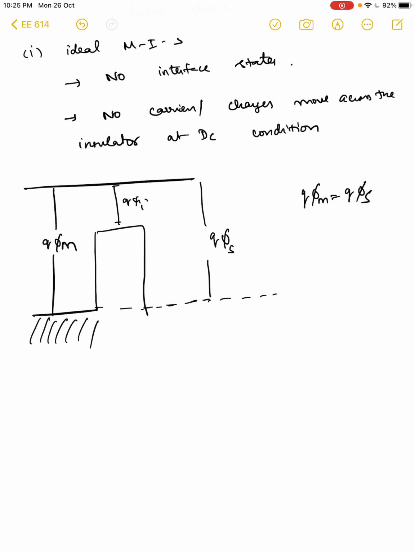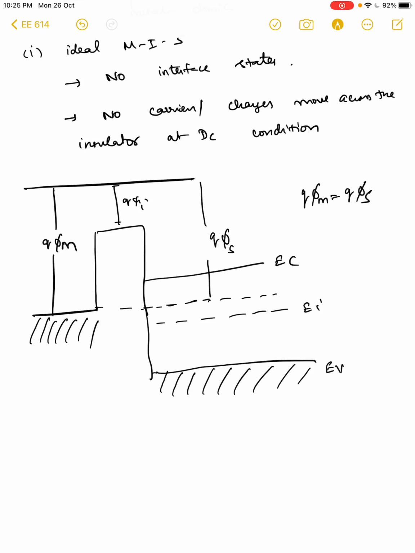Okay, under these situations you see that there will not be any sort of a band bending, right? So I have my conduction band here, I have the intrinsic level, and I will have the valence band here, right?